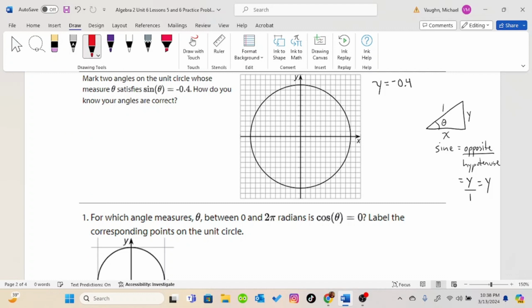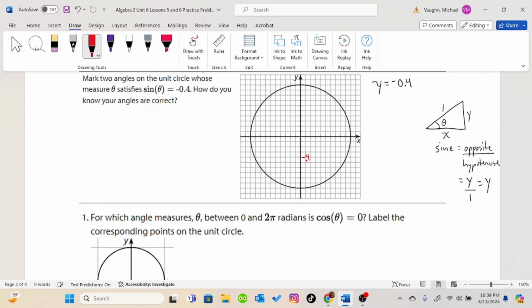If this is a unit circle, then each of these lines is a 0.1. So if I go down, I have negative 0.1, negative 0.2, negative 0.3, and right here I have negative 0.4.